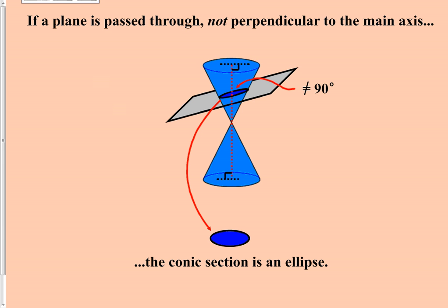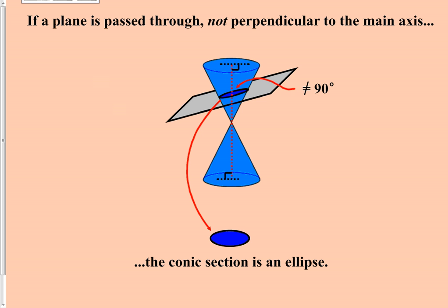Then we discussed what would happen if you pass that plane through not perpendicular to the main axis, particularly just any old angle that happens to actually enter through the lateral face of the cone and exit through the lateral face of the cone as well.